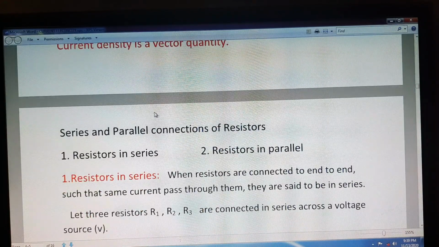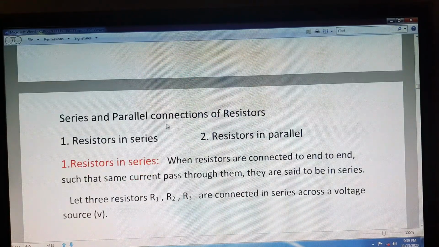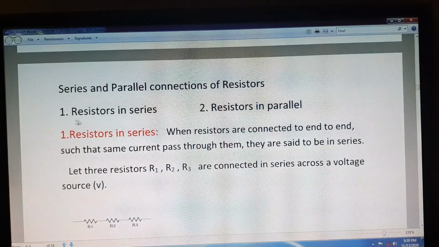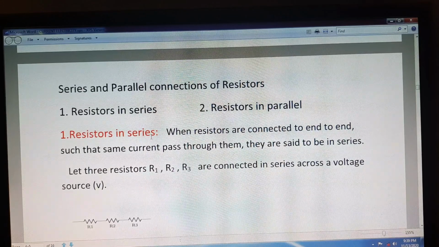The next topic is series and parallel combination of resistors. Resistors can be connected in series combination with a cell, and also in parallel combination with a voltage source or cell. First we will discuss resistors in series combination.